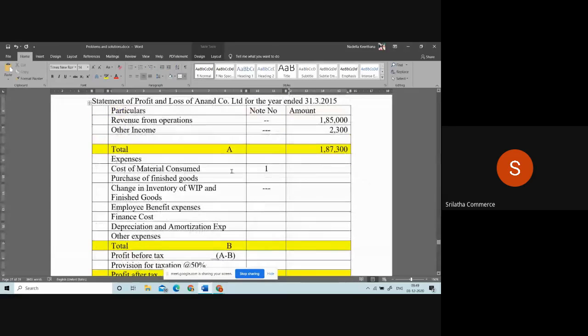So now you tell me all the amounts. Cost of material consumed, how much? 55,275. Change in inventory we don't have.